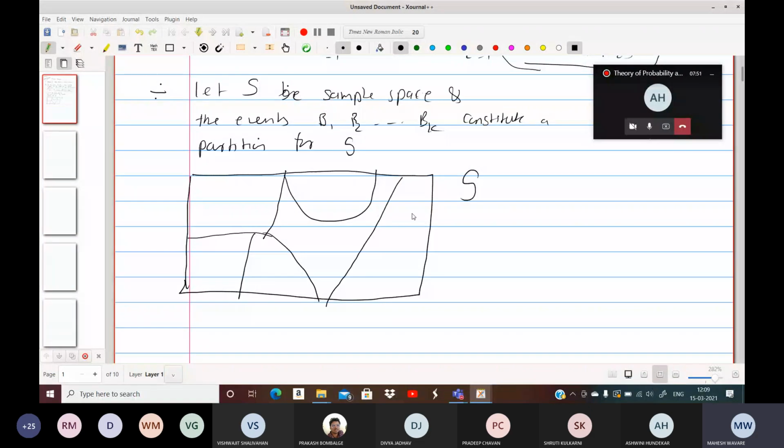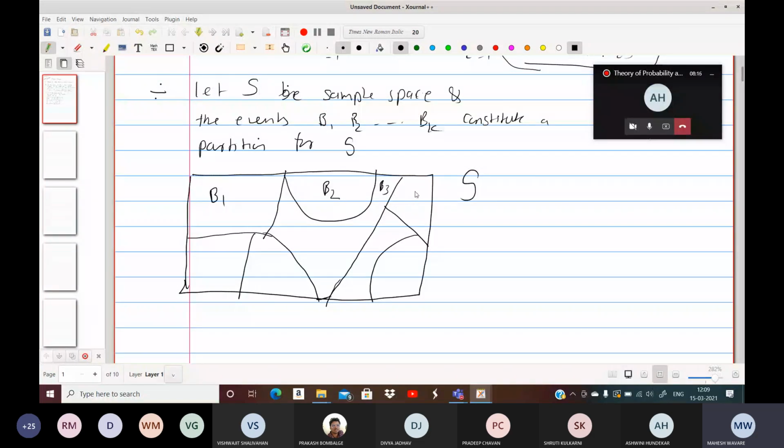Now everybody is disjoint. I call this B1, this B2, and this part B3.